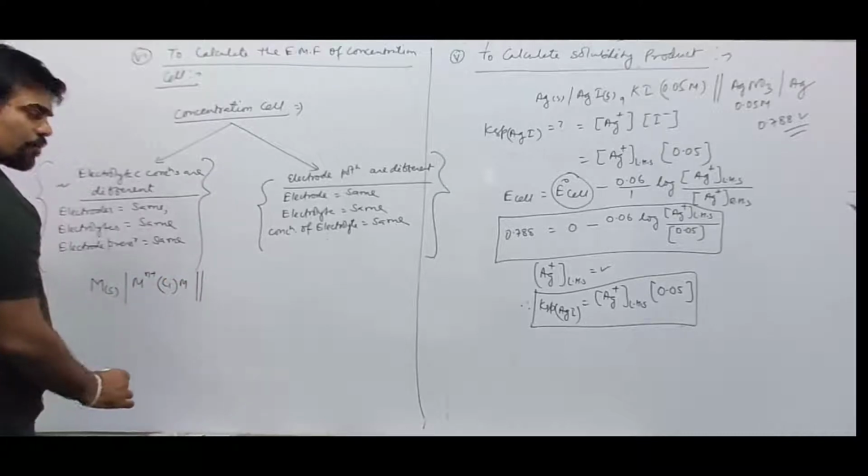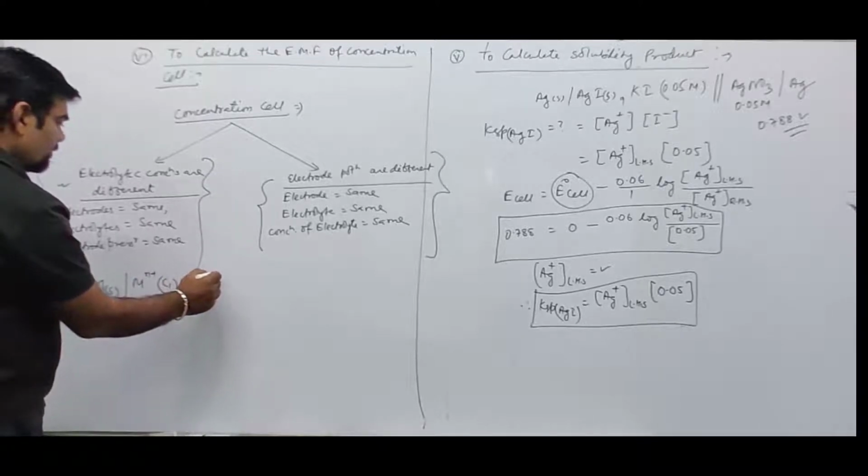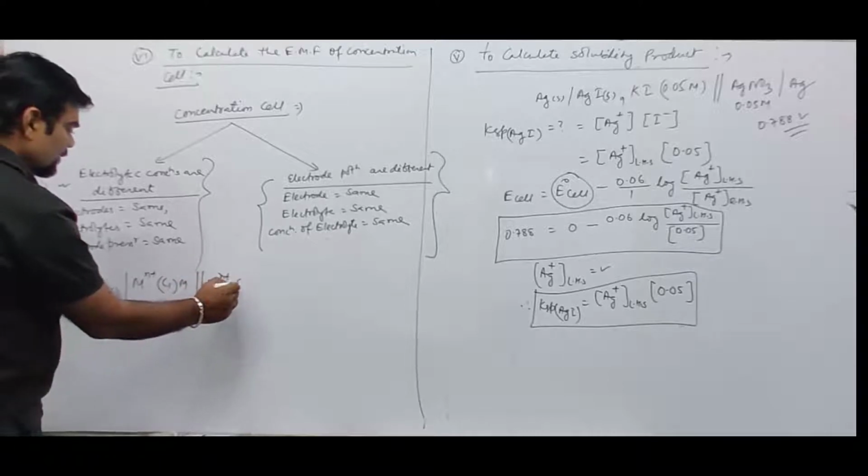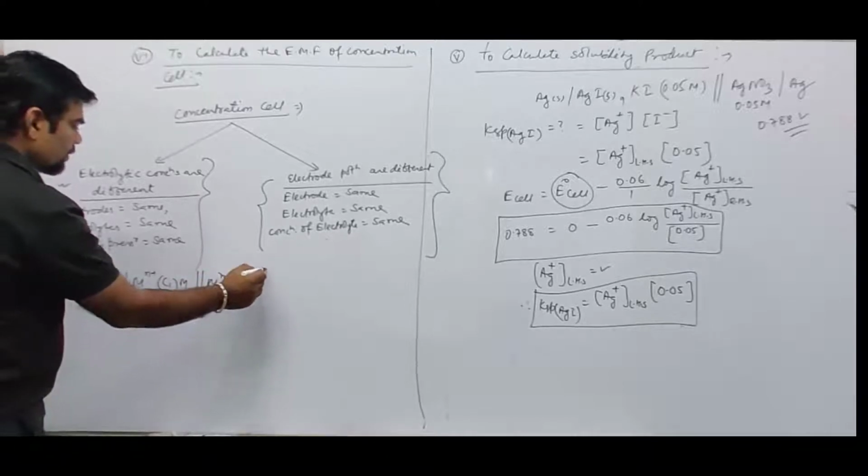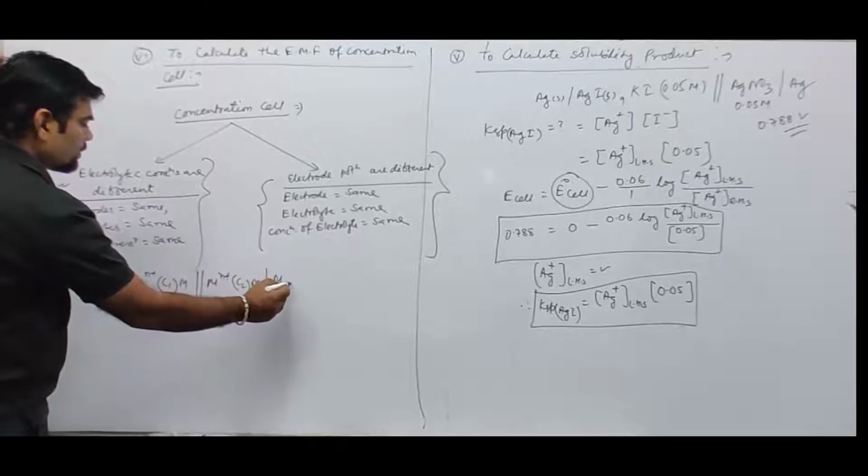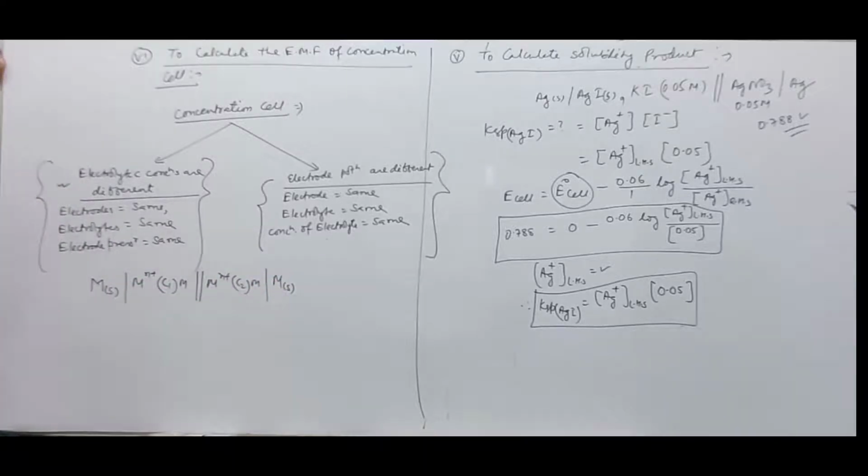Then, separated through a salt bridge, there is Mn plus with C2 concentration converted to M solid, where M is the same.